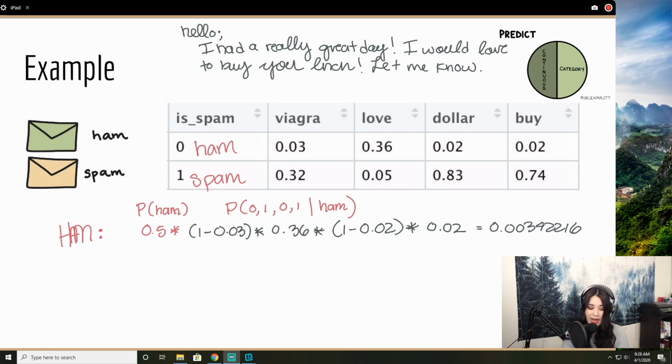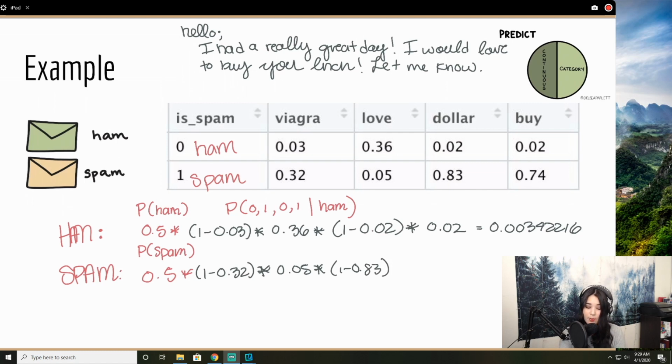Okay, so now for the spam email, we need to do the same calculation. So first, we'll start off with the probability of an email being spam, which again is 0.5 in this data set. And then we'll multiply by the probability of not seeing the word Viagra times the probability of seeing the word love times the probability of not seeing the word dollar times the probability of seeing the word buy.